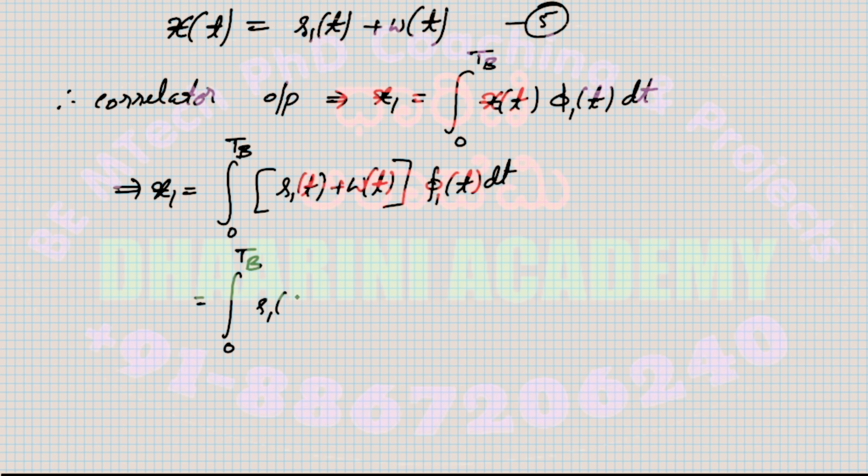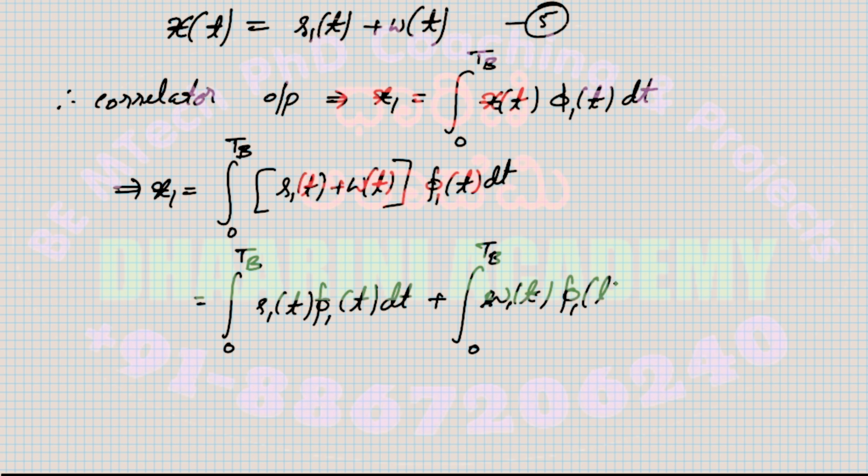So there is s1 of t into phi 1 of t dt plus integral 0 to Tb, this is the noise w of t into phi 1 of t dt. So what is this? S1 into phi 1 integral, we already have noted down, that is denoted as S11, plus we call it as W1.